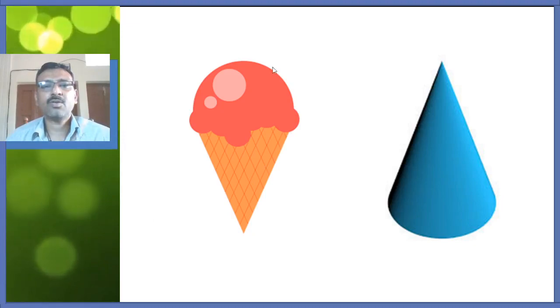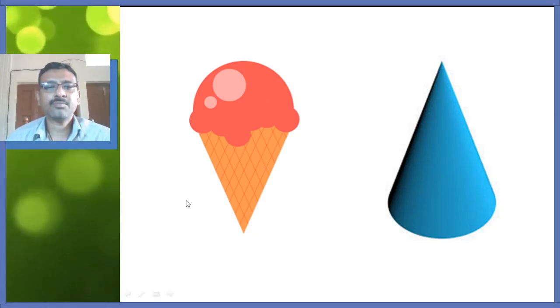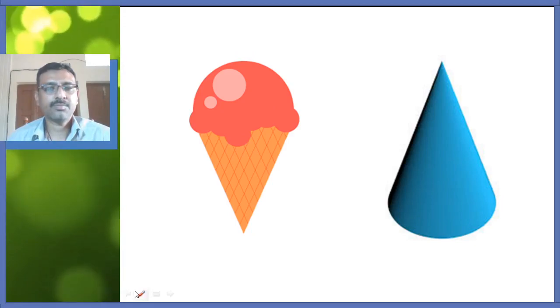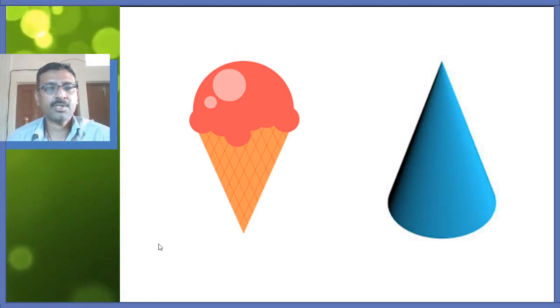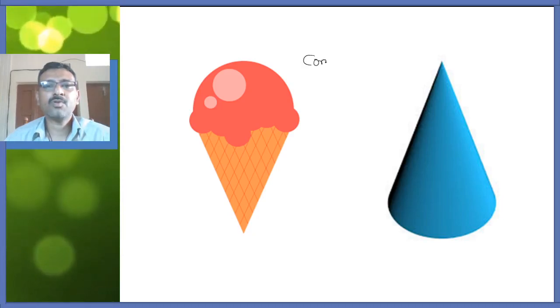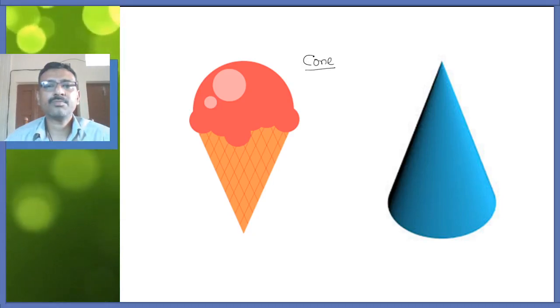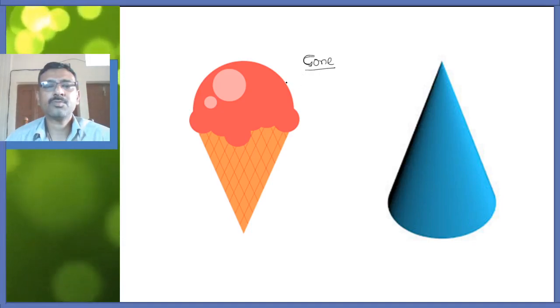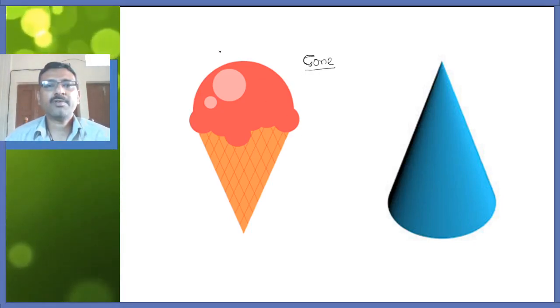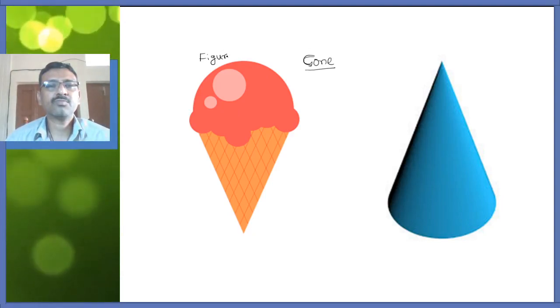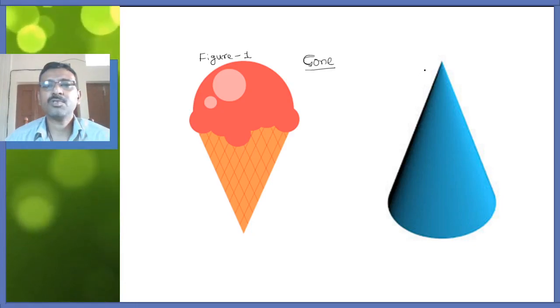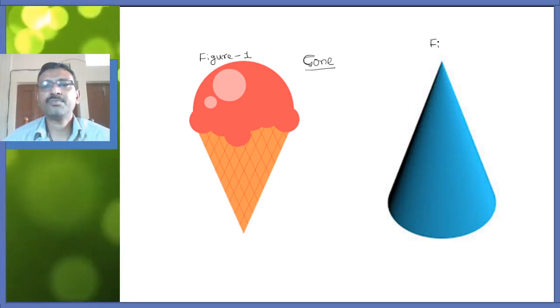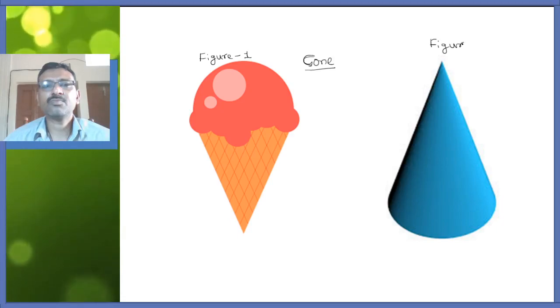One is the cone ice cream, this is figure 1, and this is figure 2. These are two examples.